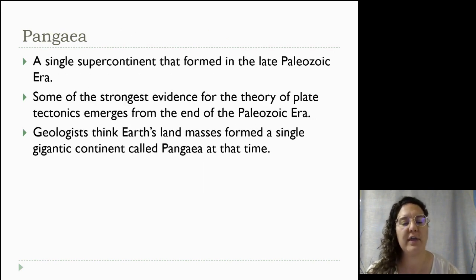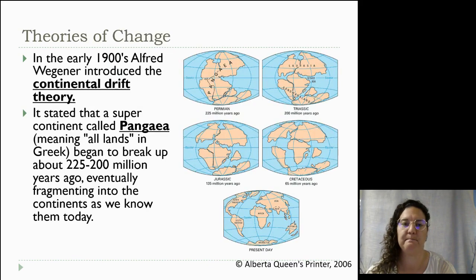So one Earth history theory is known as Pangaea, in which there was a single supercontinent that formed in the late Paleozoic era. Some of the strongest evidence for the theory of plate tectonics emerges from the end of this Paleozoic era, where geologists think that the Earth's land masses formed a single gigantic continent. In the early 1900s, Alfred Wegener introduced the theory of continental drift.